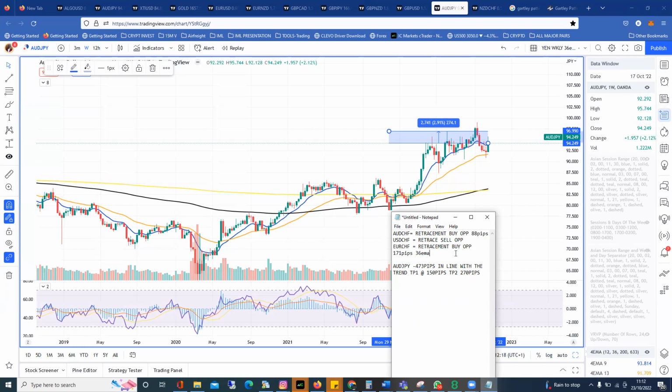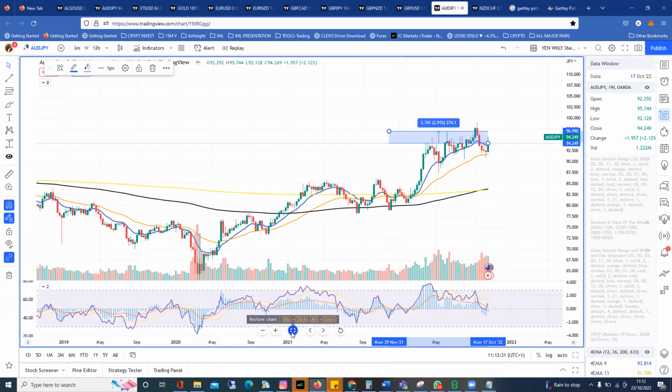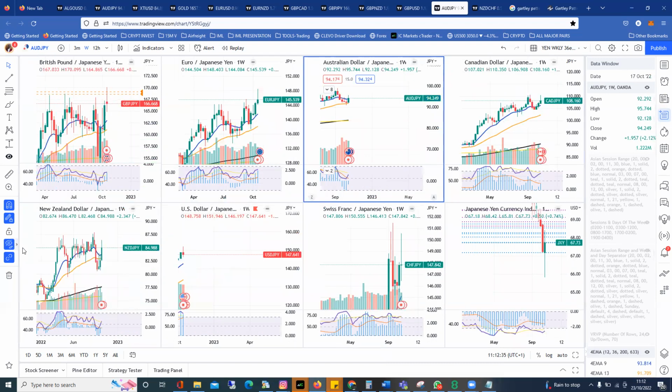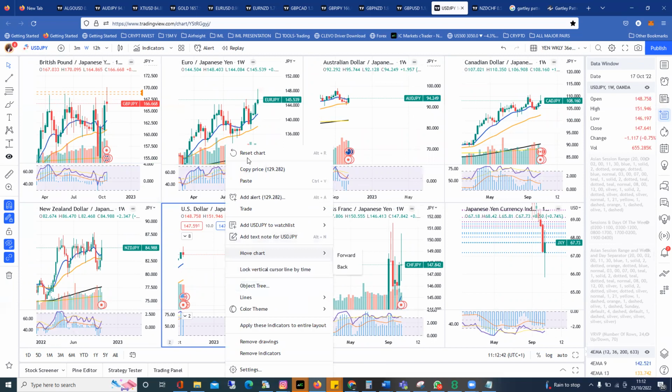So what we are equally doing is we are looking at which pair can offer us the best setup, the best opportunity. For now, we are saying the Aussie yen in line with the trend. So just putting some perspective into our analysis and seeing how best we can navigate this market going forward.